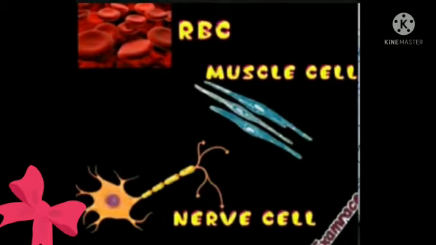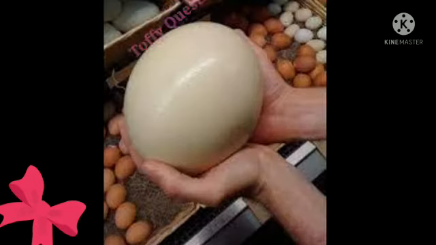Draw the diagrams of RBC, muscle cell and nerve cells in your notebook neatly and put the heading shapes of cell. And today's topic question for you: which is the largest cell in our world?